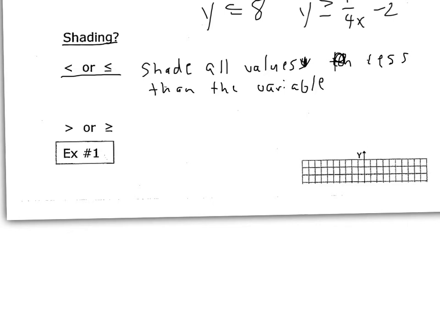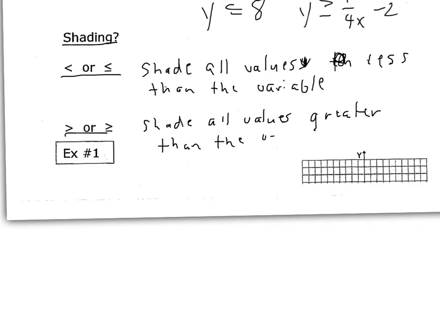If you have an inequality that is greater than or equal to, you'll shade all values greater than the variable. With your shading and with deciding if it's a solid or dashed line, you really need to memorize these. It's not something you want to have to look back on in your notes every time. You really, really need to memorize them.